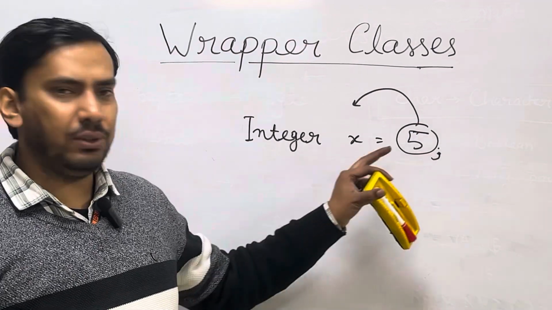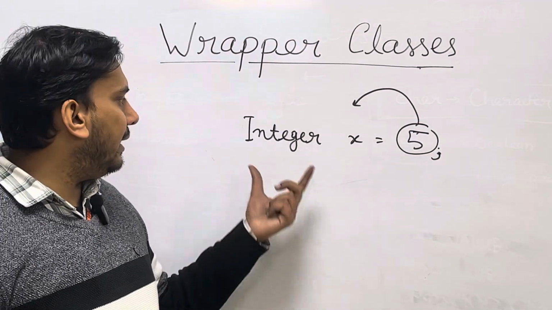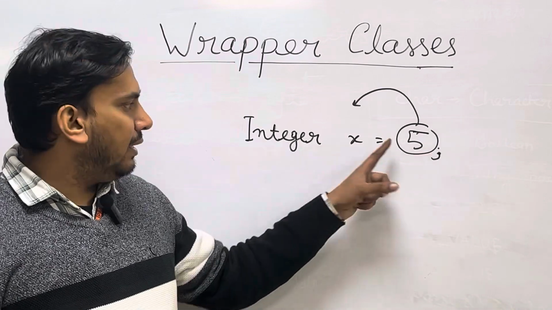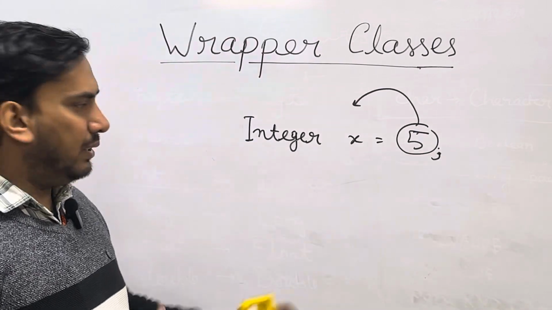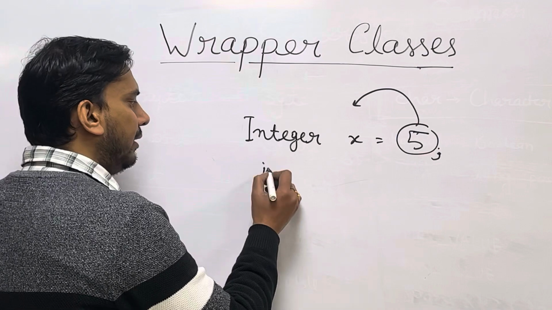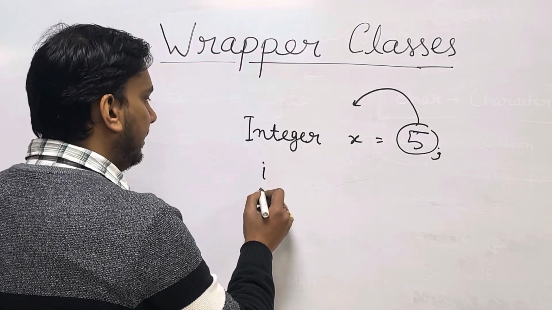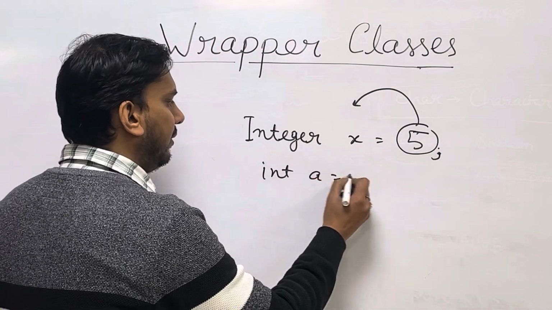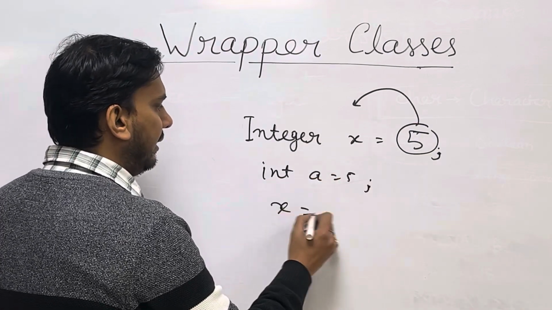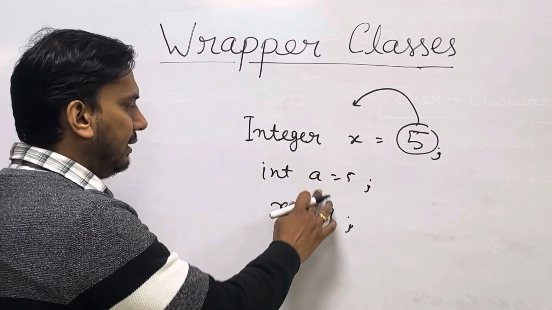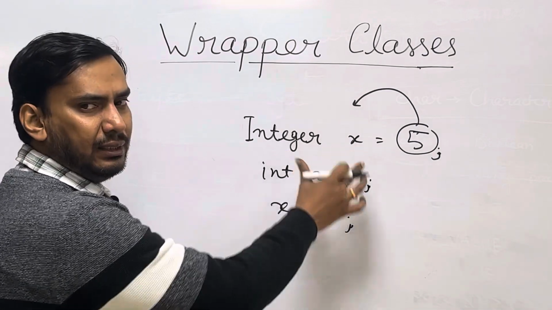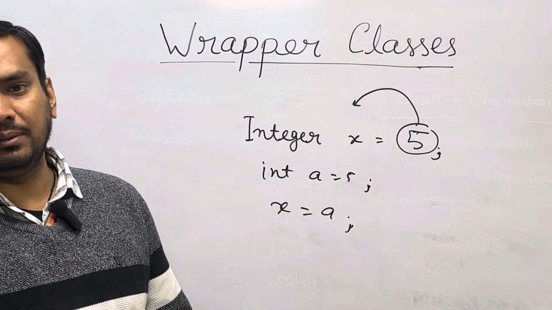It is not going to give you any error. You will not say that Integer x is written here and here it is 5, so it is not compatible. Or if you write something like this, int a = 5 and you write x = a, a is int type, here it is Integer type, so they are compatible.